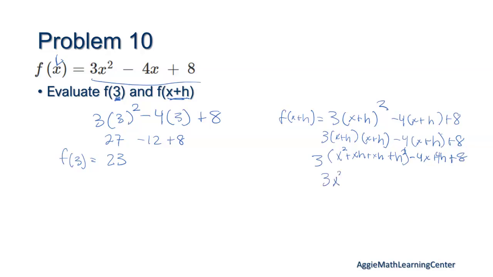So I get 3x squared plus, this is really 2xh, so plus 6xh plus 3h squared minus 4x plus 4h. Wait, no, sorry. That's minus 4h. I distributed that wrong last time.